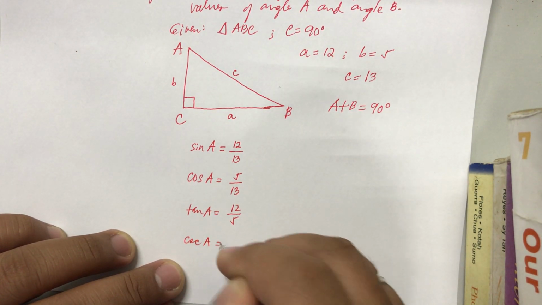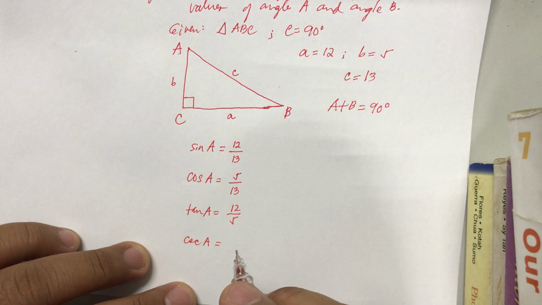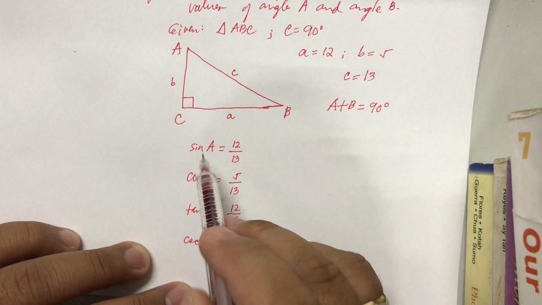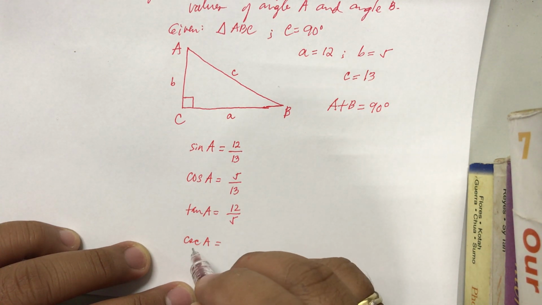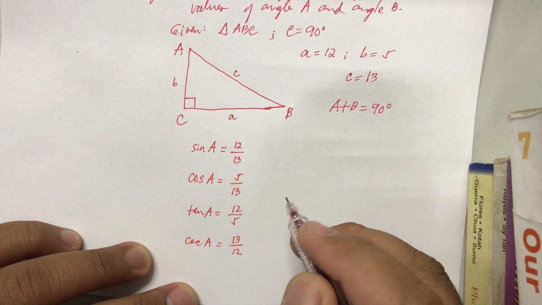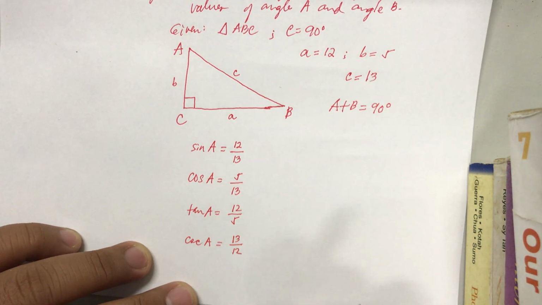Cosecant of angle A. Cosecant of an angle is the reciprocal of sine of the same angle, meaning to say, cosecant of angle A is 13 over 12, since sine of angle A is 12 over 13.